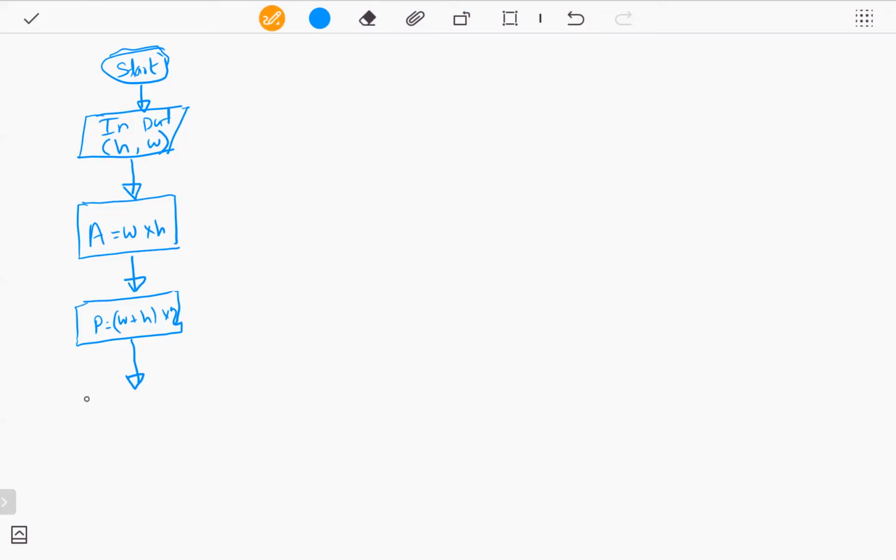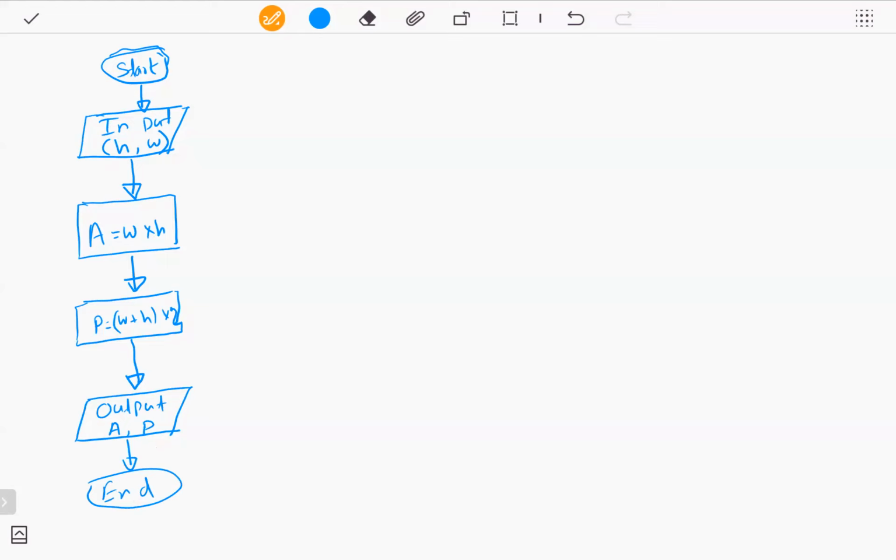To display, use the same symbol as input, the parallelogram symbol. One parallelogram symbol is okay to display the things. Here I am using the word output. What are we going to output? A and P. Then you can finish drawing the diagram by using this oval symbol. Right. Is this diagram clear?